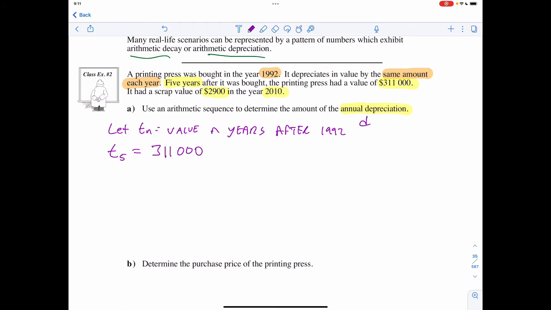If it was purchased in 1992 and it was scrapped in the year 2010, then 18 years passed before it was scrapped.